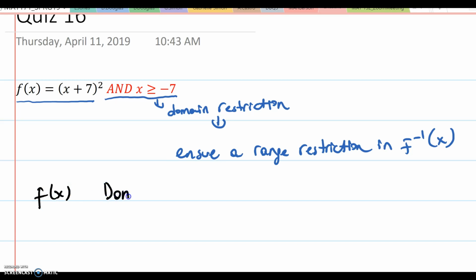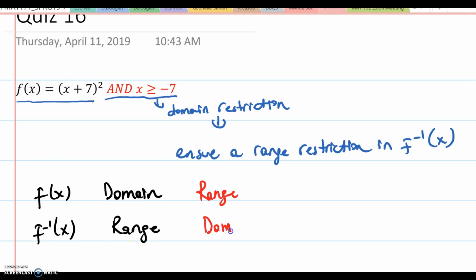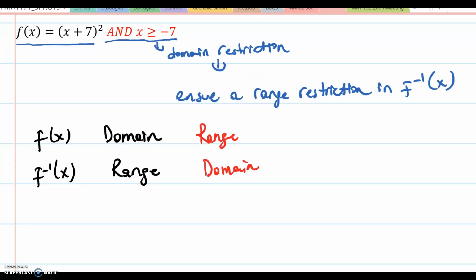F of x domain will be f inverse range. F of x range will be f inverse domain. So they have that kind of relationship, right? So I suggest before we do any calculations algebraically, let's go ahead and try to graph that function.